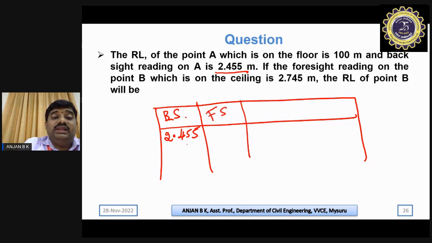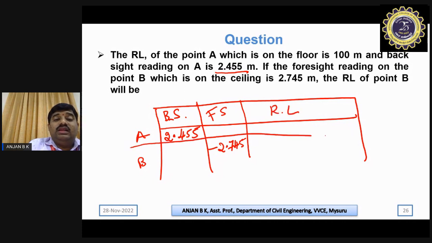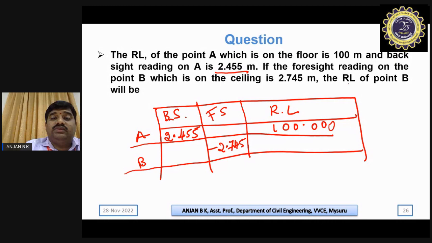This is point A, this is point B. An inverse reading is recorded with a negative sign, 2.745 meters. And we know the RL of the point A is 100. So we have to find the RL of point B. That is the question.